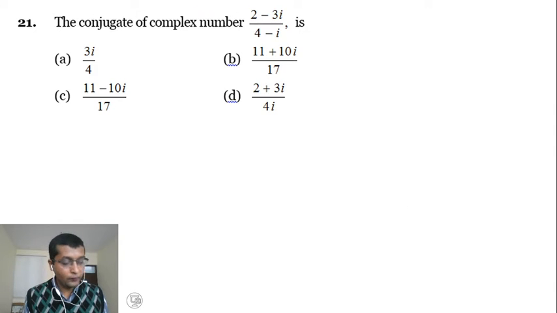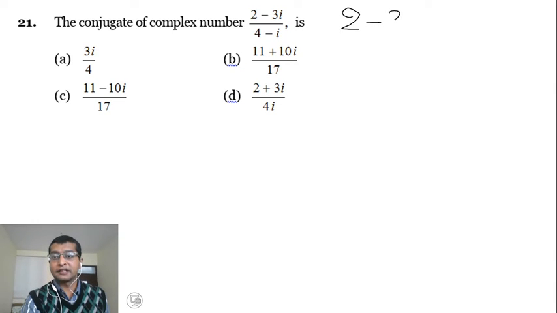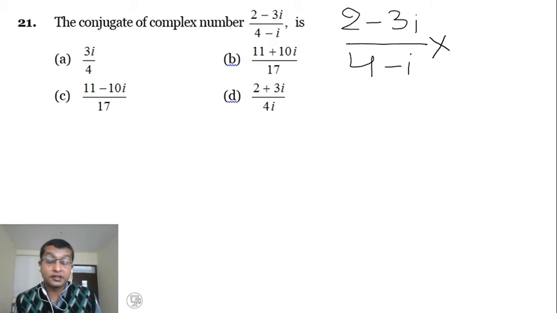Okay. Now example number 21, the conjugate of a complex number we have to find out. So first preliminary steps, 2 minus 3i divided by 4 minus i. Here the denominator consists of i.